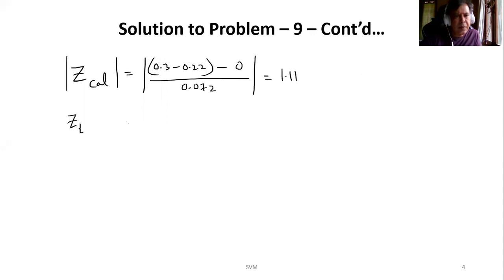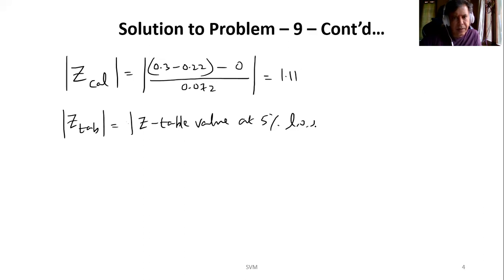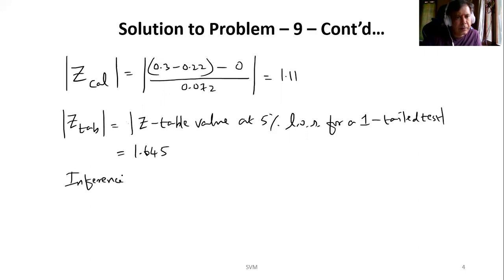Now, Z tab is nothing but Z table value at 5% level of significance for a one-tailed test. This we know from the tables, it is 1.645. Now we can conclude with our inference.